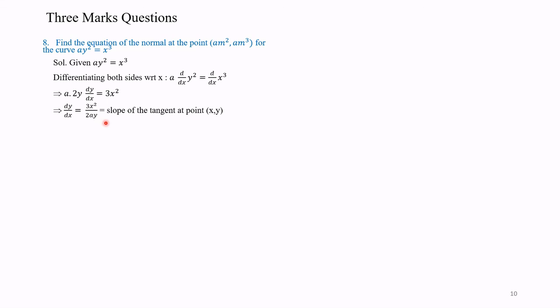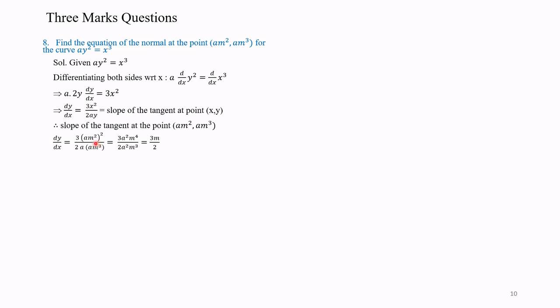This is the slope of the tangent at x and y. Therefore, the slope of the tangent at the point (am squared, am cubed), we put x is equal to am squared and y is equal to am cubed. Therefore, we get dy by dx is equal to 3 into (am squared) whole squared divided by 2a into am cubed.